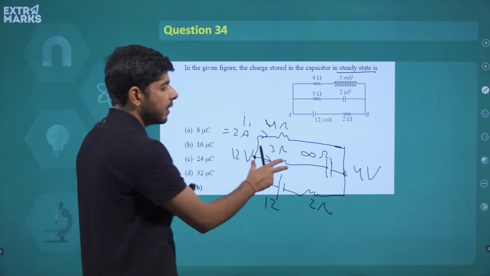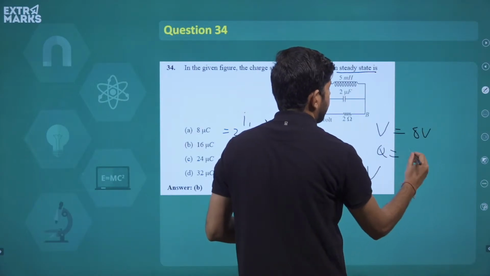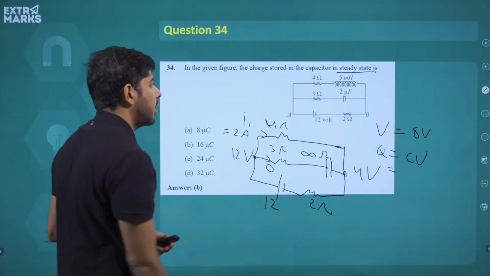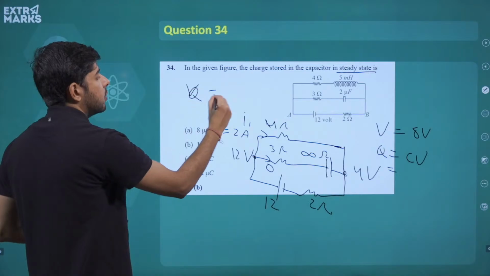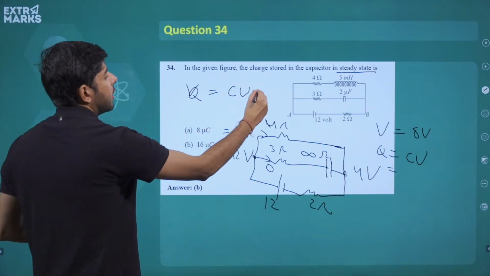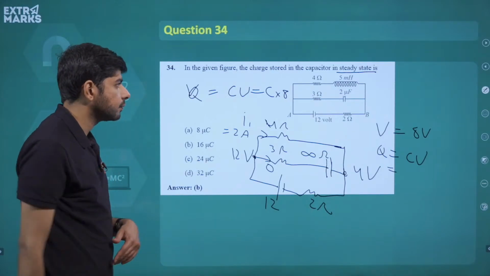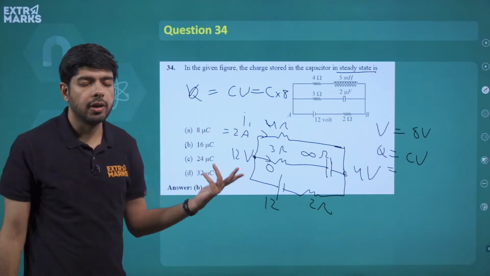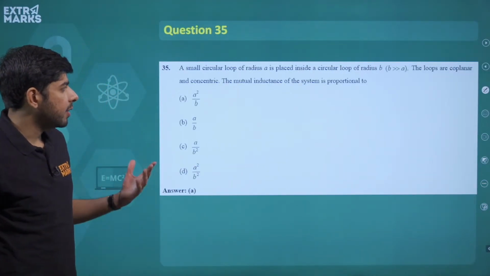So potential difference is 8 volt. And Q is of course CV. So we just need to multiply. C is given 2. So Q equals CV, V is 8 into C. That is your answer. C is 2, so 8 into 2, 16 microcoulomb.